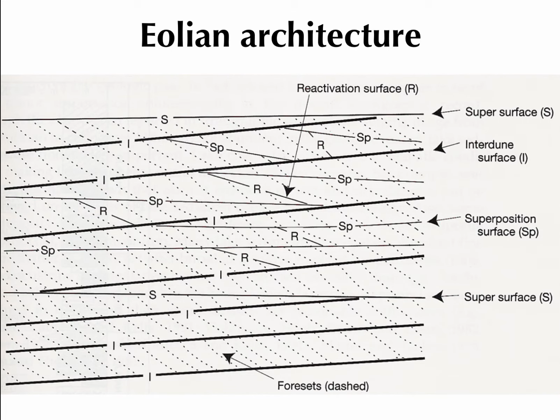The architecture of aeolian deposits is a mosaic of all these types of surfaces, each one cross-cutting lower-order counterparts. The lowest order surfaces are the crossbeds themselves, here called foresets, the dashed lines. And these are cut by reactivation surfaces that occur occasionally and dip in the same direction as the crossbeds, but at a lower angle.